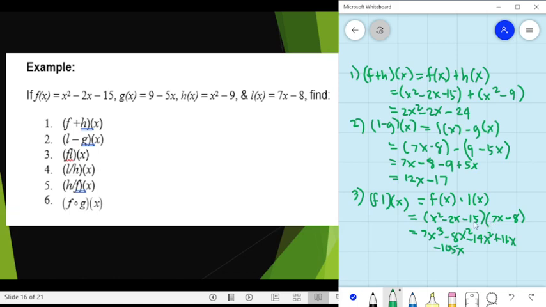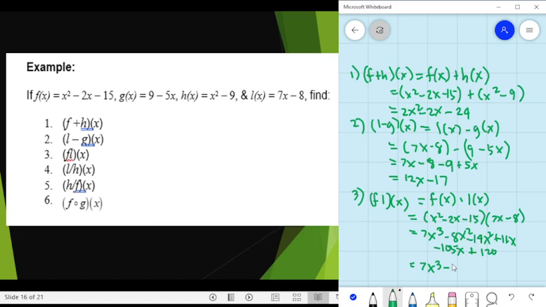Now 7 times 5 is 35 carry 3. So we have 7 plus 3 is 10. Then negative 15 times negative 8 is we have positive 120. Okay, so arranging the terms, so if 7x cubed, then negative 8x squared plus negative 14x squared.